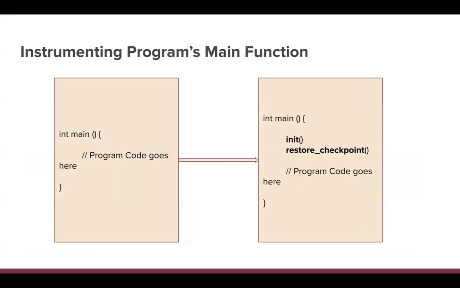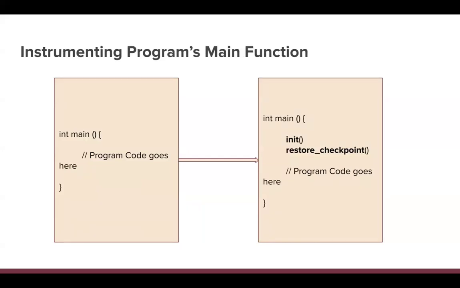checkpointing. Now, the way Chinchilla instruments the program's main function is that if this is a normal main function shown on the left, where the program code is normally, Chinchilla simply inserts calls to two functions, one which it calls the init function and the other one which it calls the restore checkpoint function.